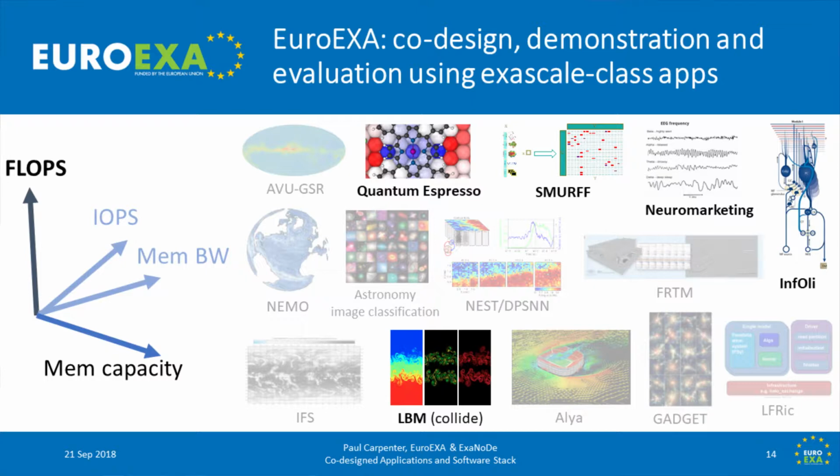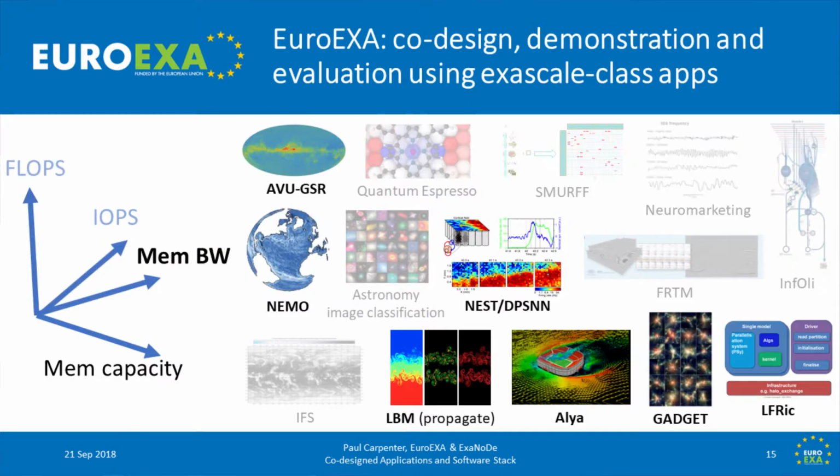We have some neural simulating, and here we have reverse time migration, and engineering, other physics. So we tried to get a balance of applications across important domains that will need exascale in future. We also tried to get some sort of balance across different requirements of applications.